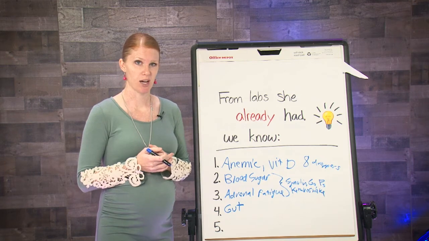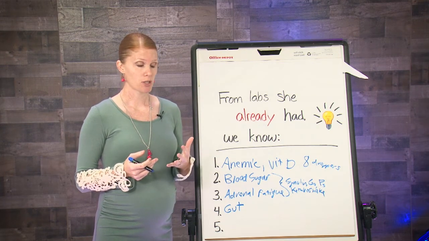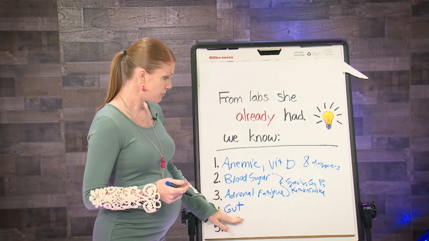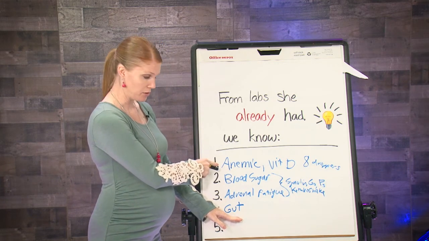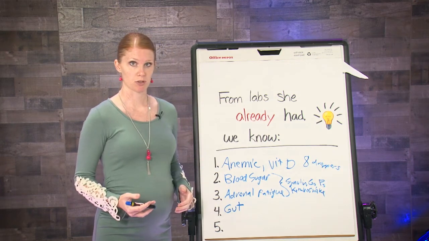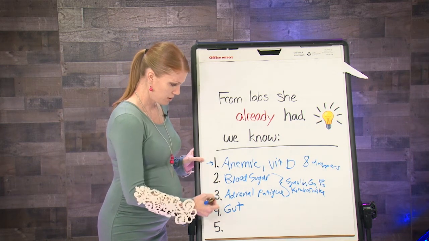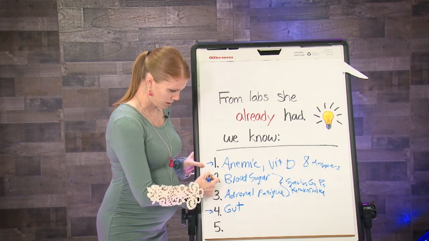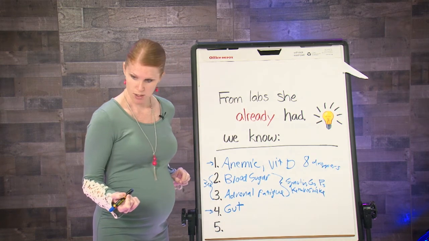And usually when I'm doing gut, it takes a good 6 months, at least 4 months, but a good 6 months. And for her, we did the anemia first, to help her with the energy. And then we focused on the gut because of all those stomach issues. That was her main complaint. So we went here first, here second, and then these 2 were third, as far as treatment goes.